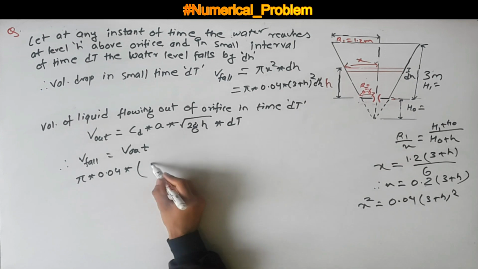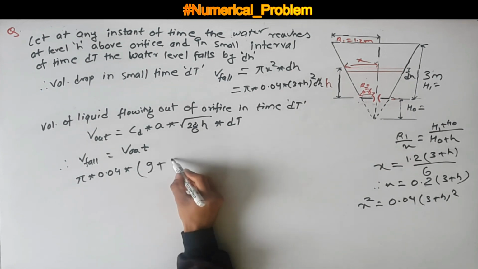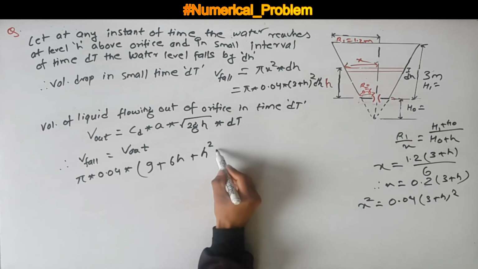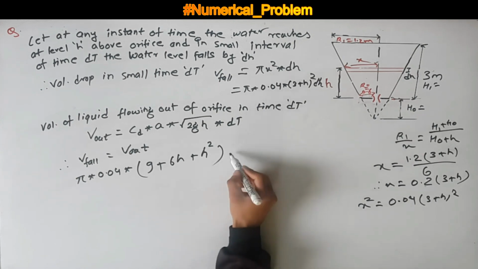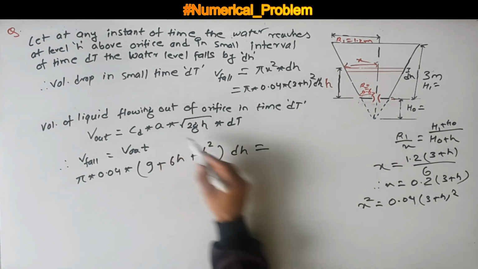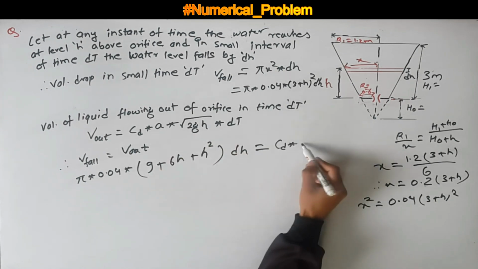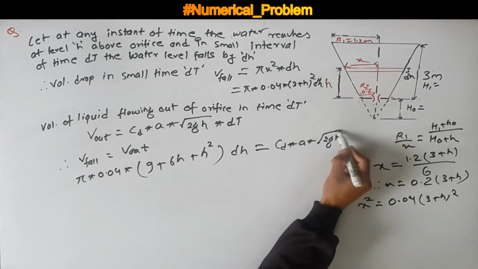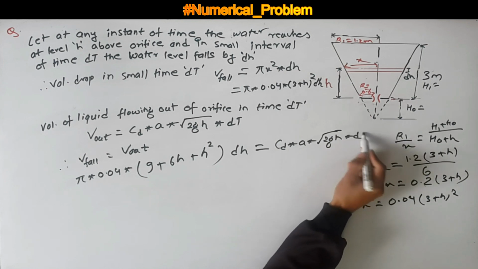This square of 3 plus h is 9 plus 6h plus h square, just use a plus b whole square here, and dh is here. This must be equal to CD into area of orifice into root under 2g h into dt.